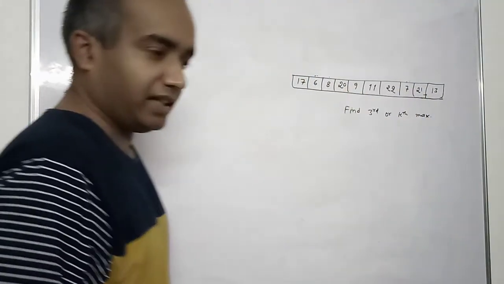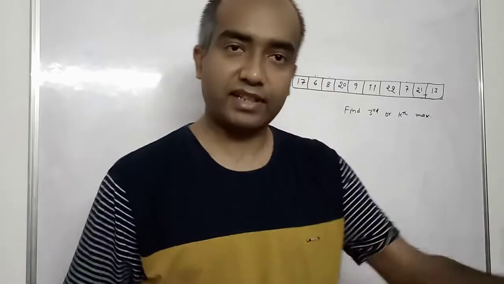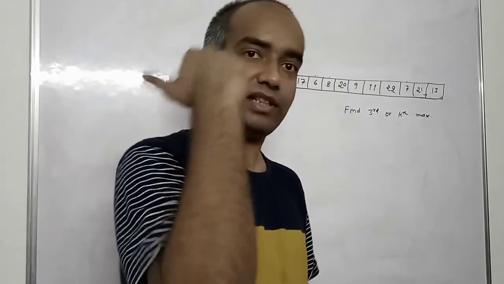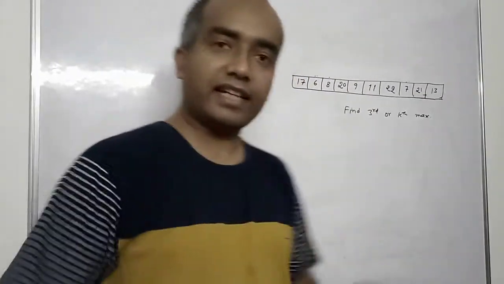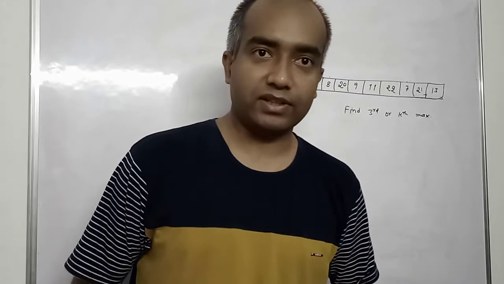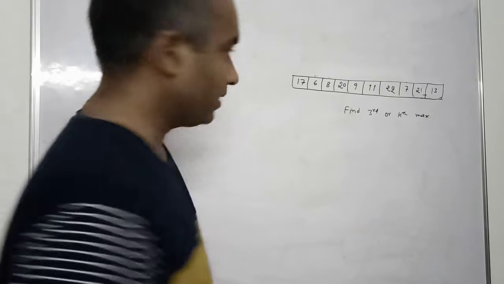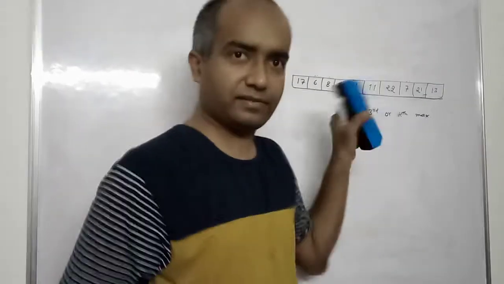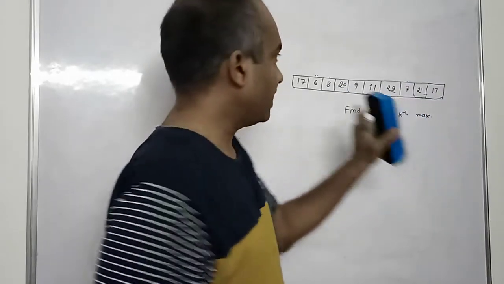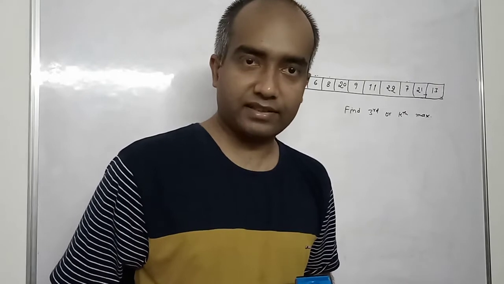In my college days, when someone asked me to find the second largest element, the second smallest element, or the third smallest element, I had studied selection sort. So I will apply selection sort on this simple array, but not for the entire array.